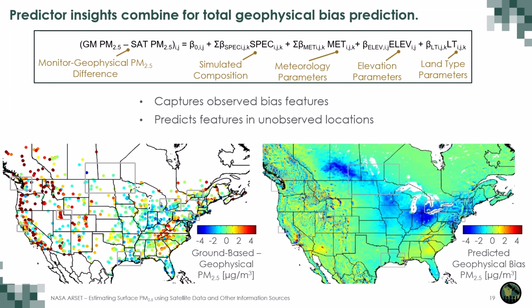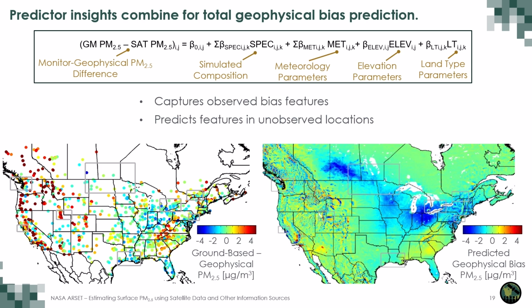Bringing this all together, we end up with a GWR-based equation such as you see here, where the difference between the ground-based observations of PM2.5 and their coincidentally sampled geophysical estimates are locally regressed against a series of predictor variables associated with simulated composition, meteorological parameters, elevation parameters, and land type parameters. And below you can see an example of the results that can be obtained.